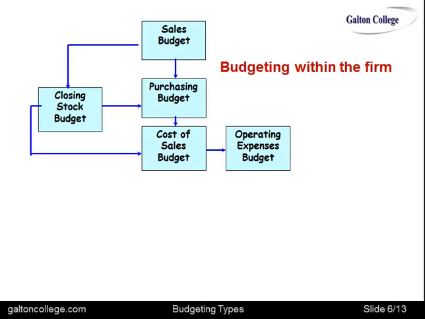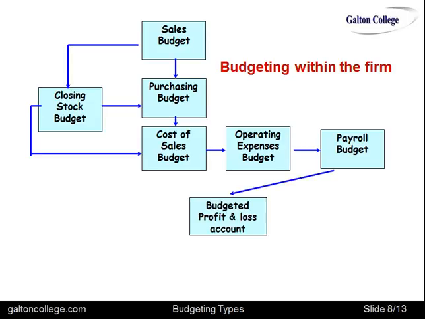And we then have an operating expenses budget to ensure that the business can run smoothly over the production period. And we also have the payroll budget to make sure that staff is paid. So once we've got all of that, we have really the basis for a budgeted profit and loss account.